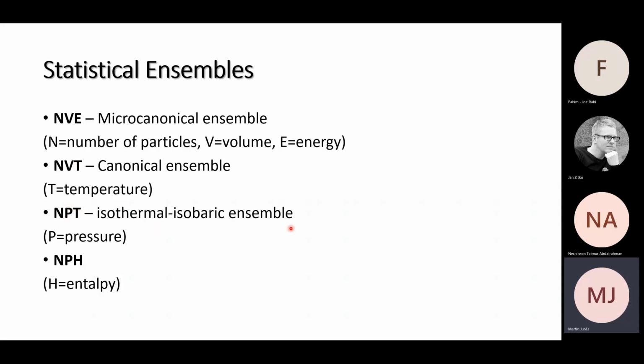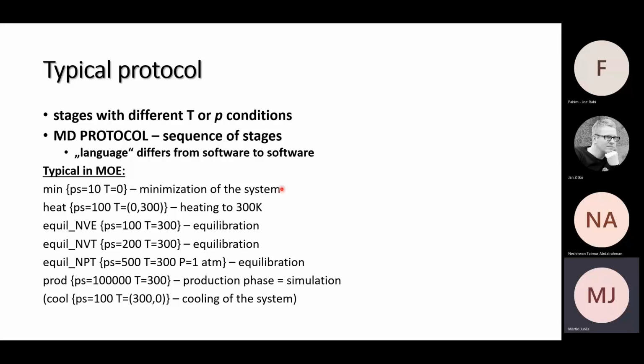So in the isothermal-isobaric ensemble, the volume of your system can change slightly because the pressure shrinks or enlarges it based on how the pressure is set. And in the NVT, the canonical ensemble, you don't regulate the pressure. So these are mostly used at the first stages, but the main stage of the simulation is usually run at NVT ensembles. So how does it look?